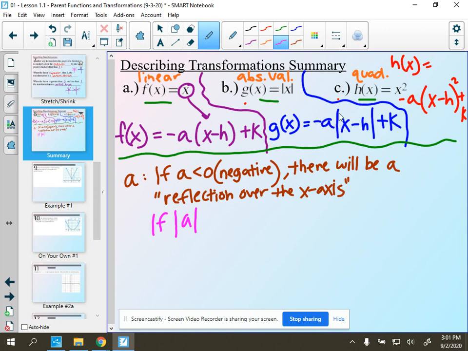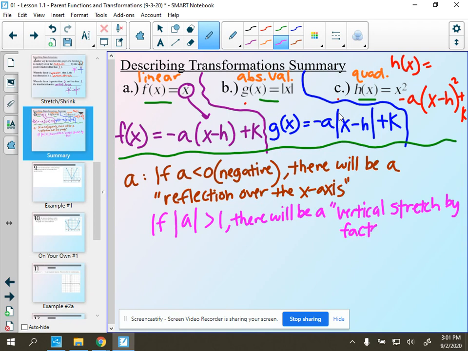If that number is greater than 1, there will be a vertical stretch by a factor of whatever that a is. Okay, so that's what it would look like as a vertical stretch.